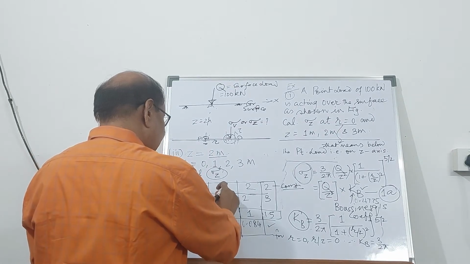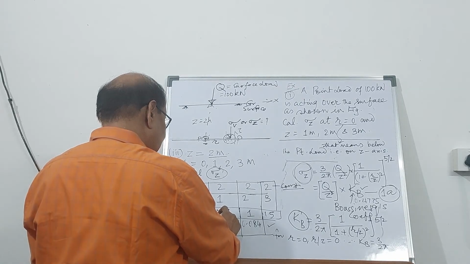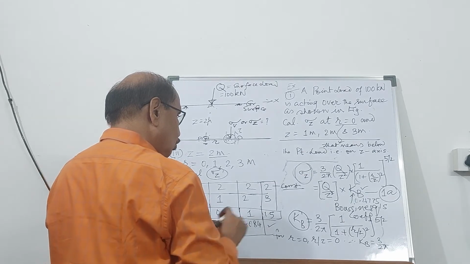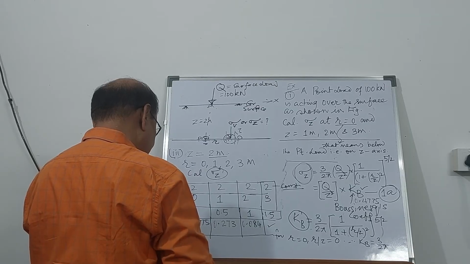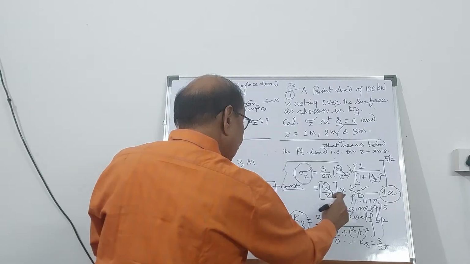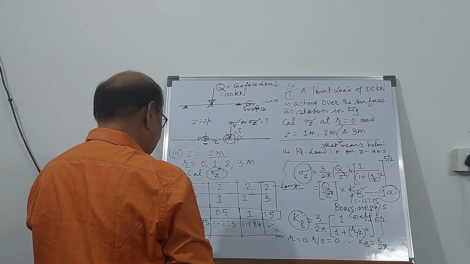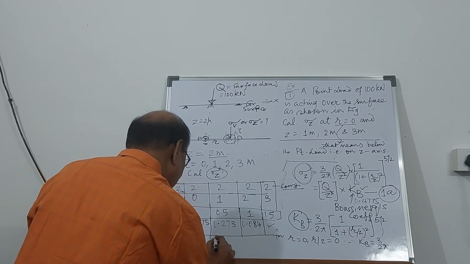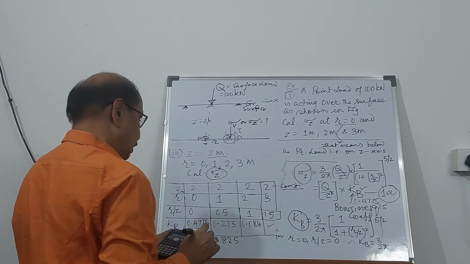Now at z equal to 2 meter and r by z equal to this, Kb is 0.273 multiplied by 100 divided by 4, that is 25, is 6.825 kilopascal.